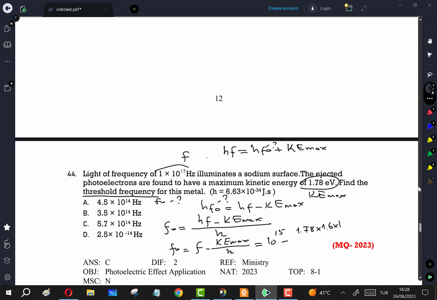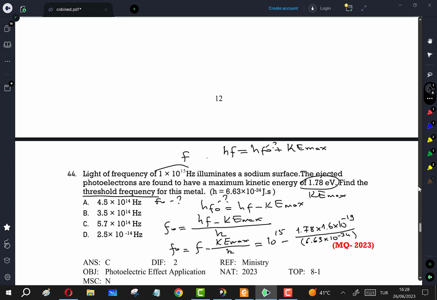We should convert it to joule, 1.6 times 10 to the power of negative 19, divided by h, which is 6.63 times 10 to the power of negative 34. I'm going to use the calculator.